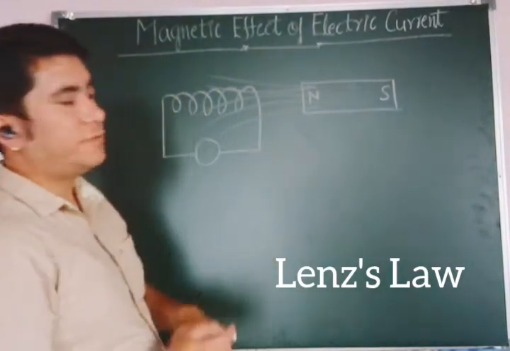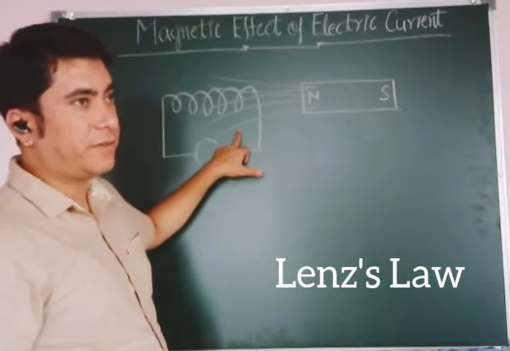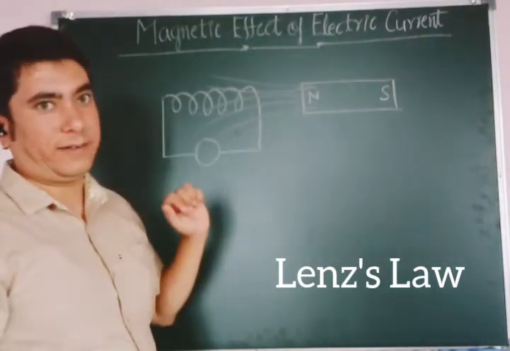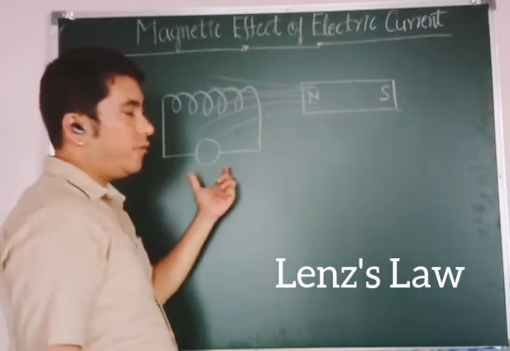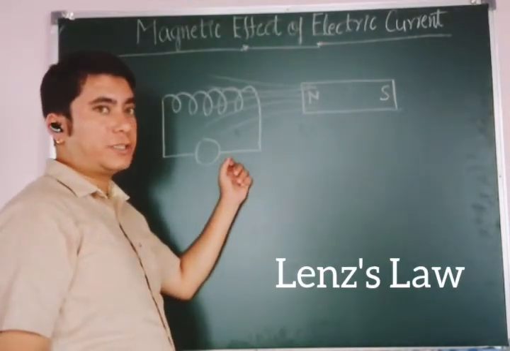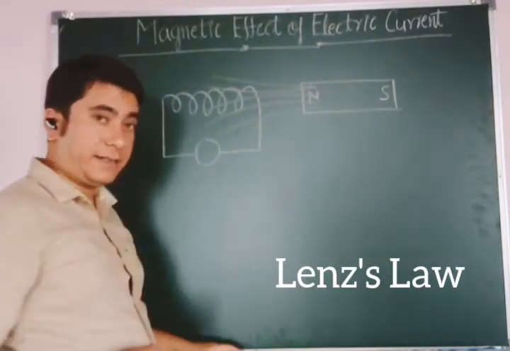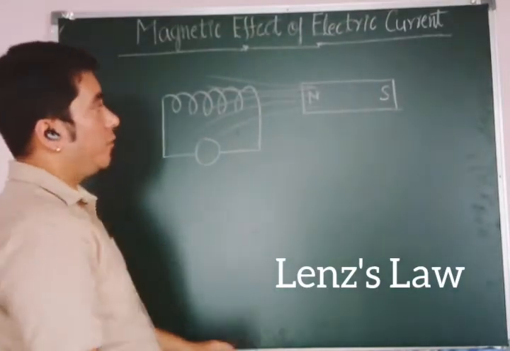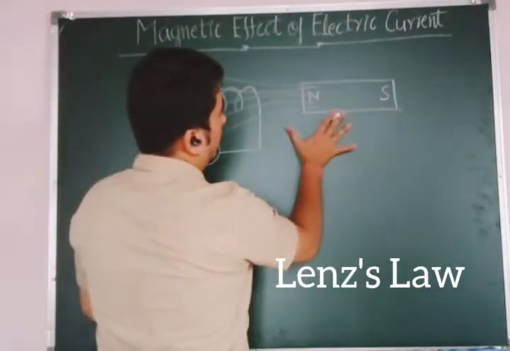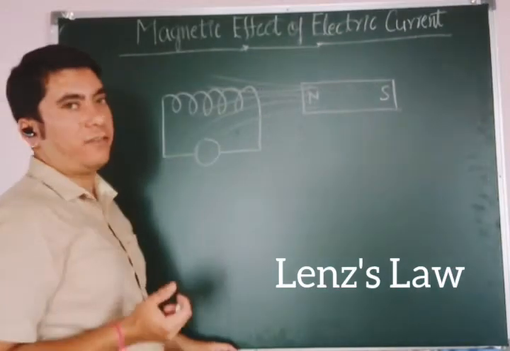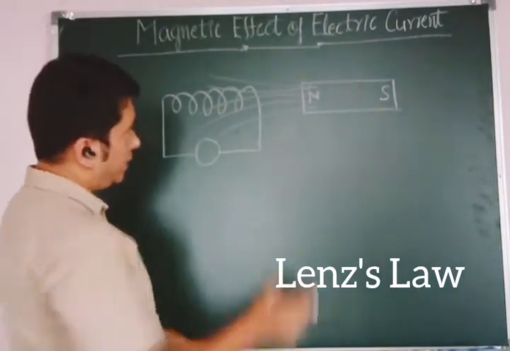So what is the cause of generation of the induced EMF here? The change in magnetic flux. So the polarity of that induced EMF and induced current will be such that it will oppose the change in magnetic flux.